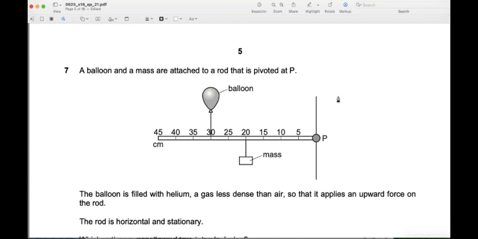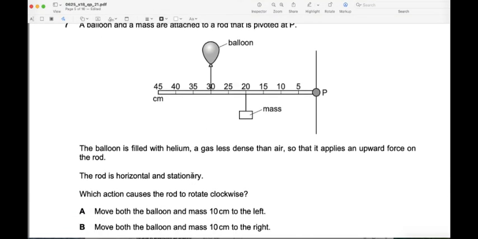A balloon and a mass are attached to a rod that is pivoted at P. Look at the balloon here. This is the pivot. The balloon is filled with helium, a gas less dense than air, so that it applies an upward force on the rod.